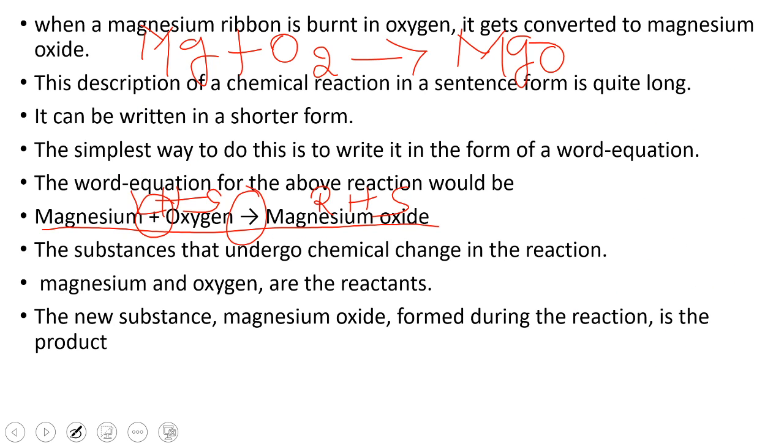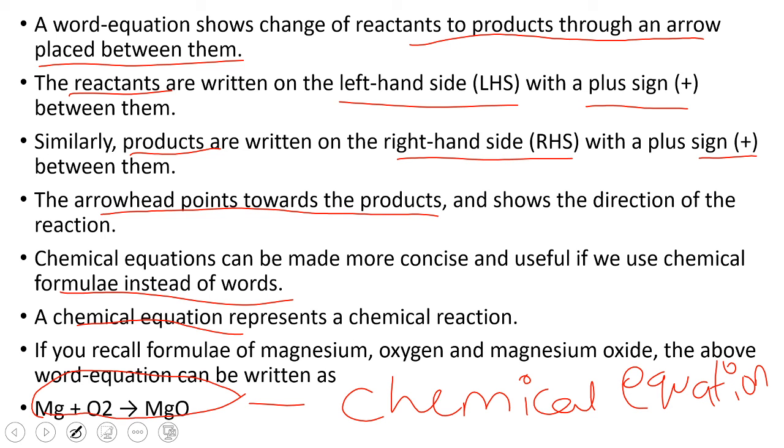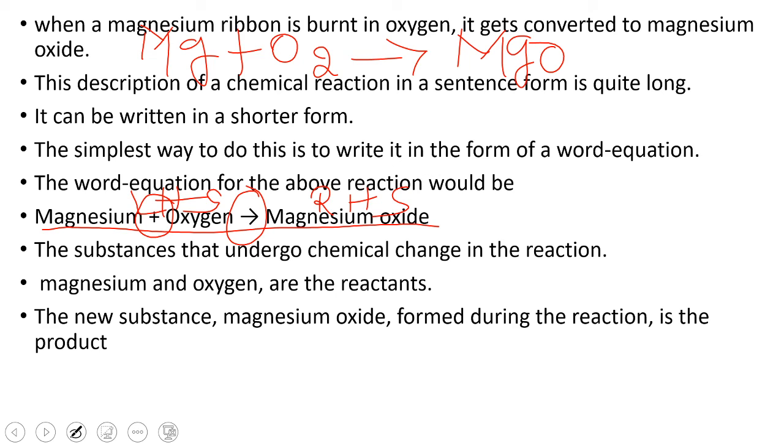And this is the diagrammatic representation. Chemical reactions should be written in the form of symbols. We call it a chemical equation. In a chemical equation, we have reactants and products. The substances which are undergoing chemical change are known as reactants and the substances which are newly formed are known as products.